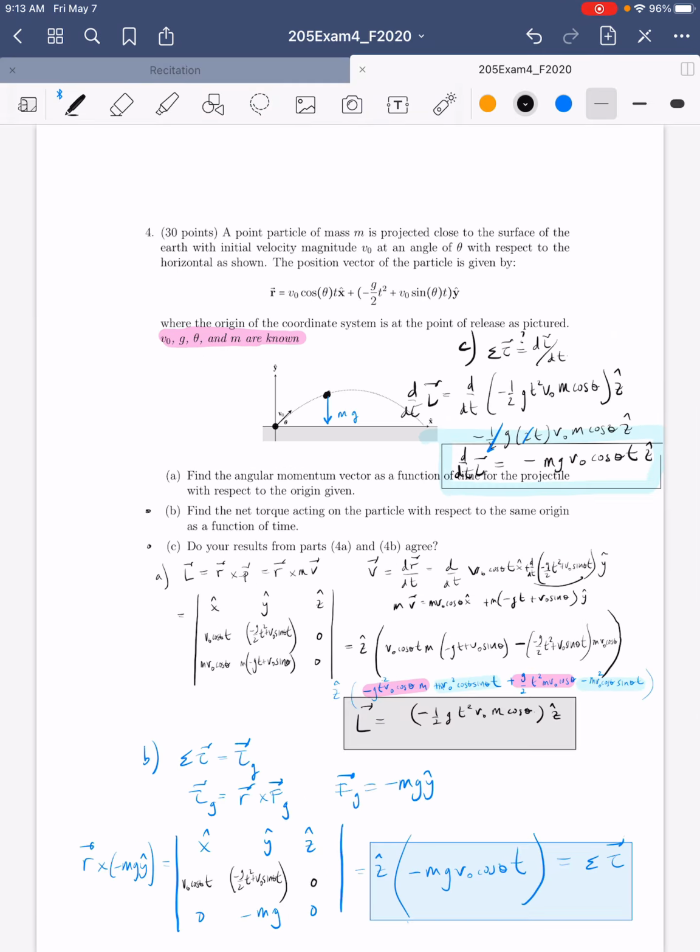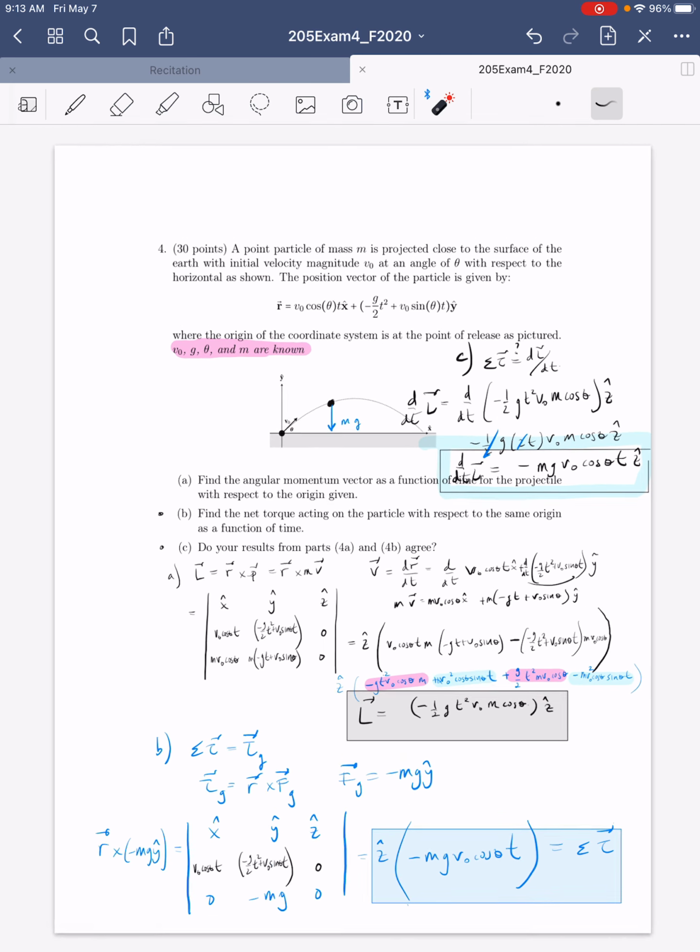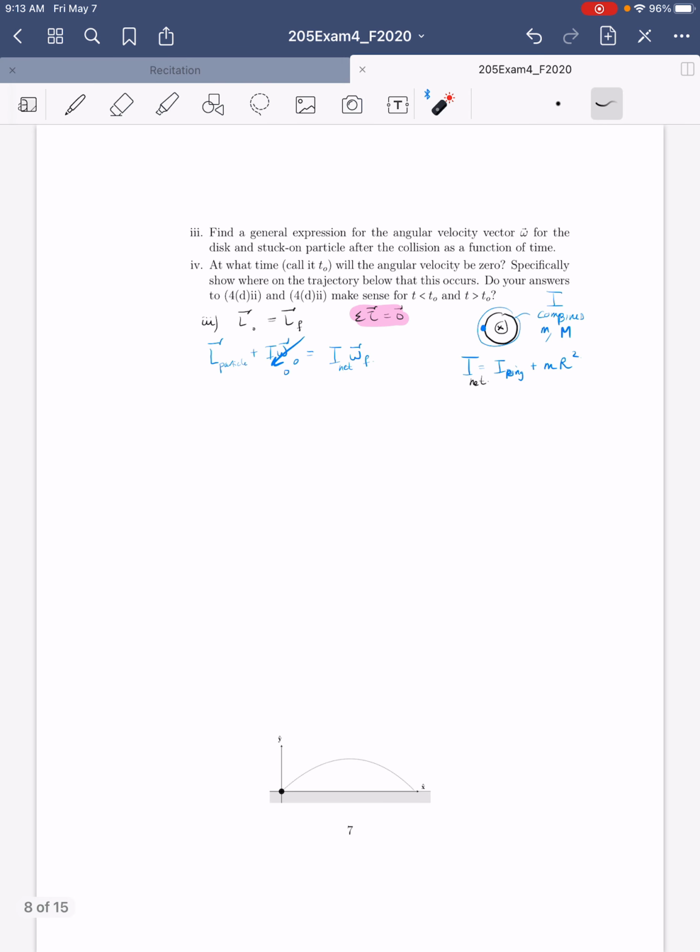Right, I found it as a function of time. Oops, right here. But that was with respect to this origin. Now I'm talking about having an origin here where my ring is located. It's a different r vector. So when I talk about the angular momentum of the particle, r cross m times v, I'm going to be talking about a different origin for this r vector entirely.